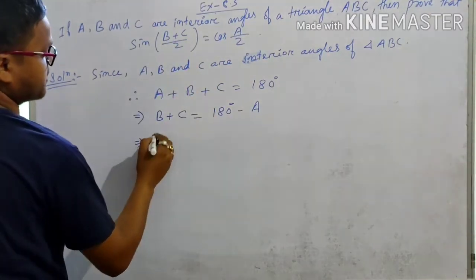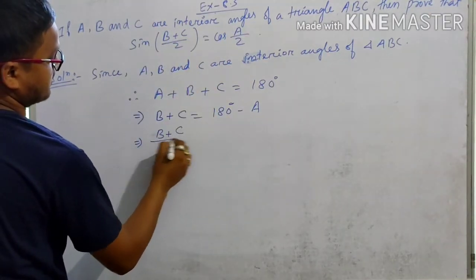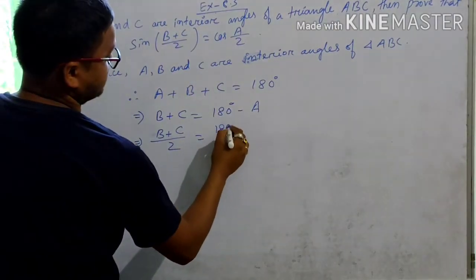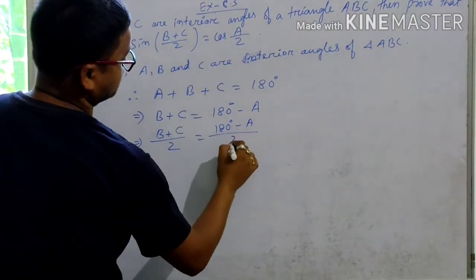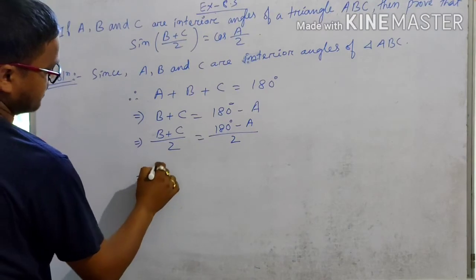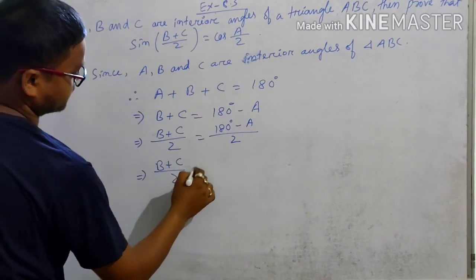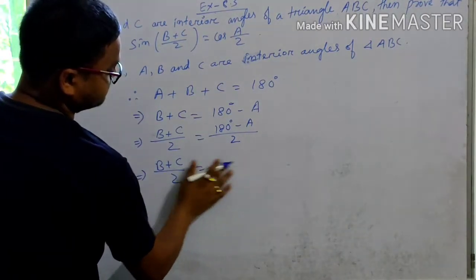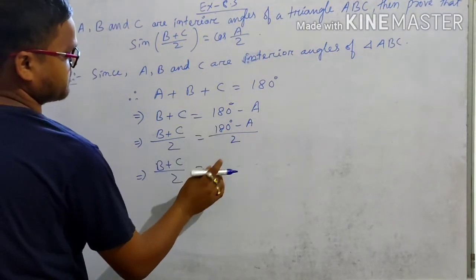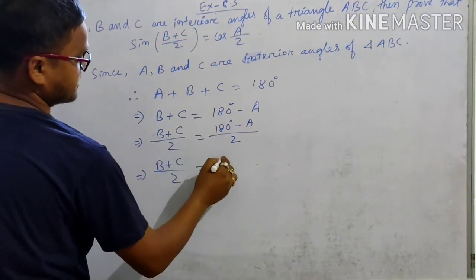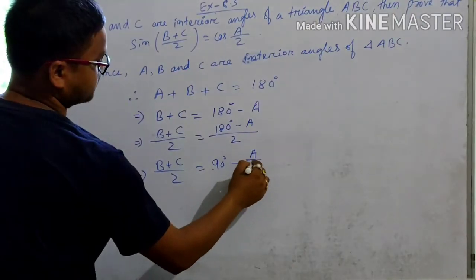So now you divide both sides by 2. Here you get B plus C divided by 2. If you divide this 180 by 2, you get 90 degree, and here you get A by 2.